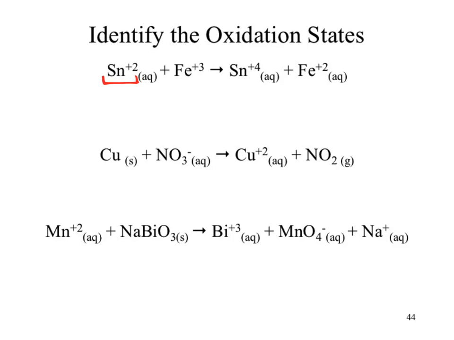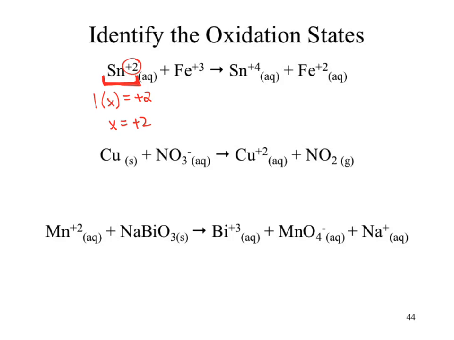How many tins are in that unit? One. What is the oxidation state? Well, I don't know, I have to solve for it. This must equal the overall charge, which is +2, because it's written in the upper right-hand corner. When we solve, we find x equals +2. We now know the oxidation state for Sn2+.